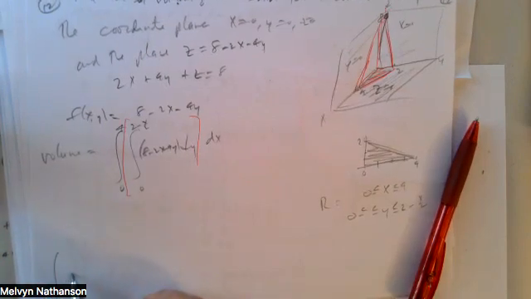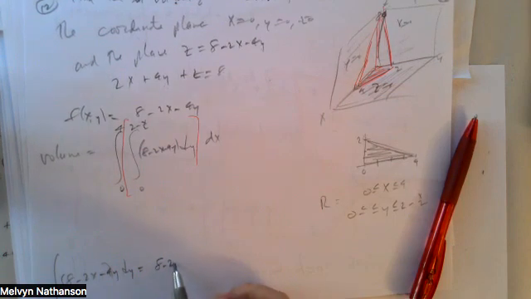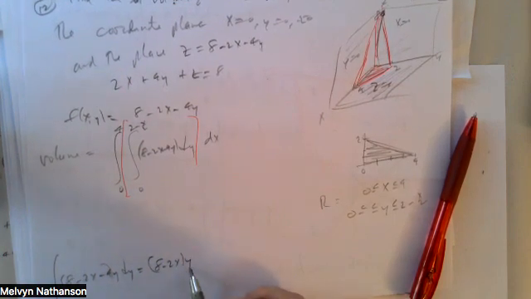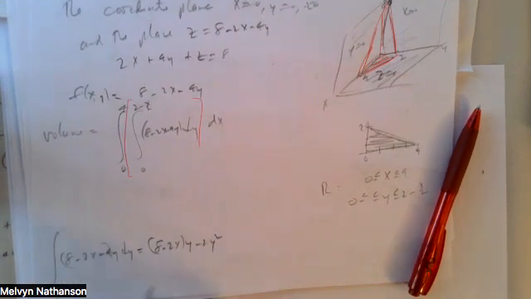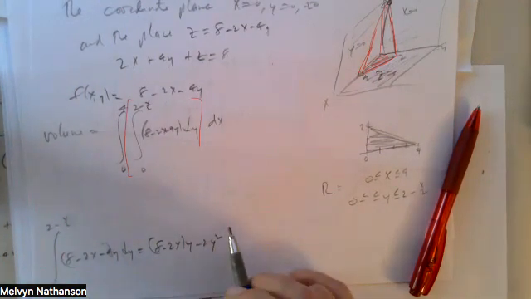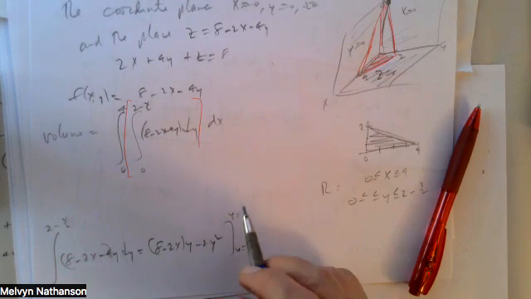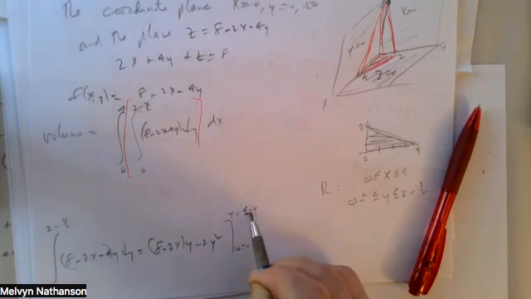The integral of 8 minus 2x minus 4y with respect to y is 8 minus 2x times y minus 2y squared. That's the indefinite integral. And I'm integrating from y equals 0 to y equals 2 minus x over 2, which is the same as 4 minus x over 2.